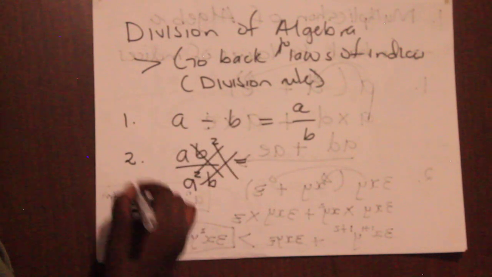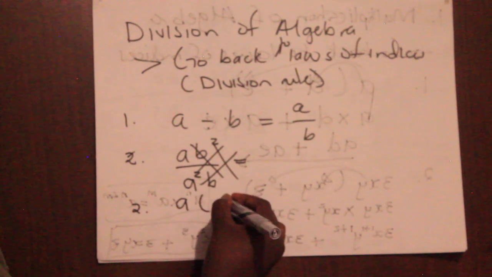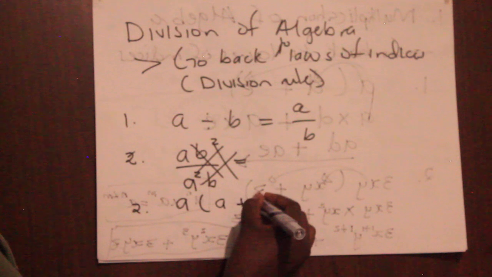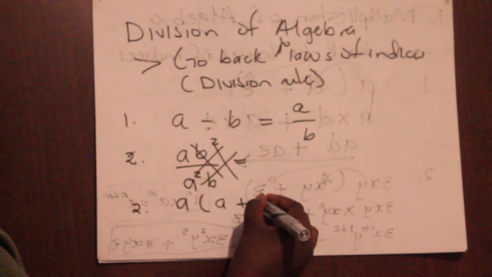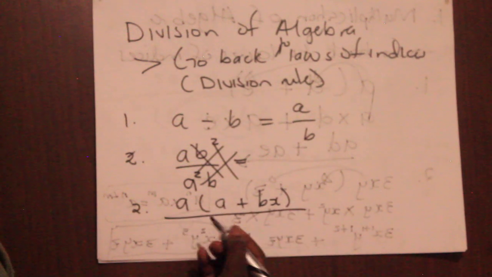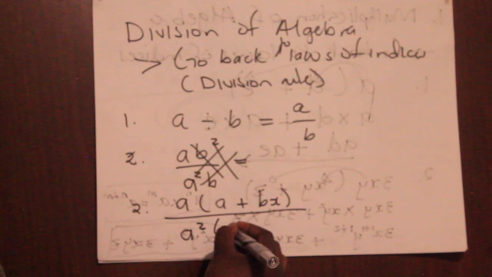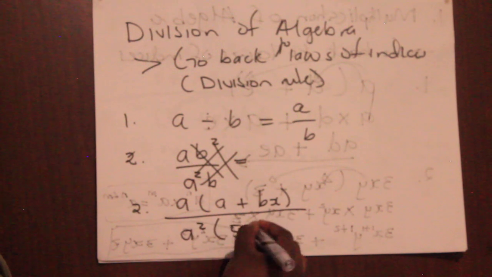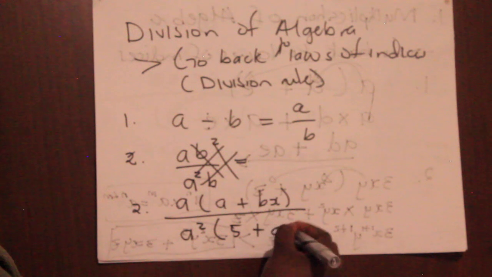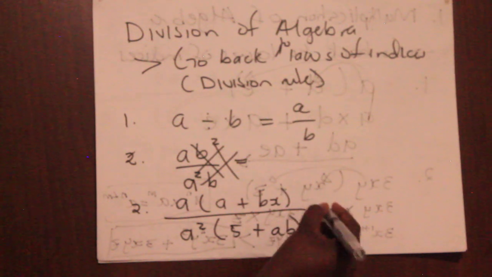Let's make number 2: A plus bx over A to the power of 2 times 5A times AB, ne?